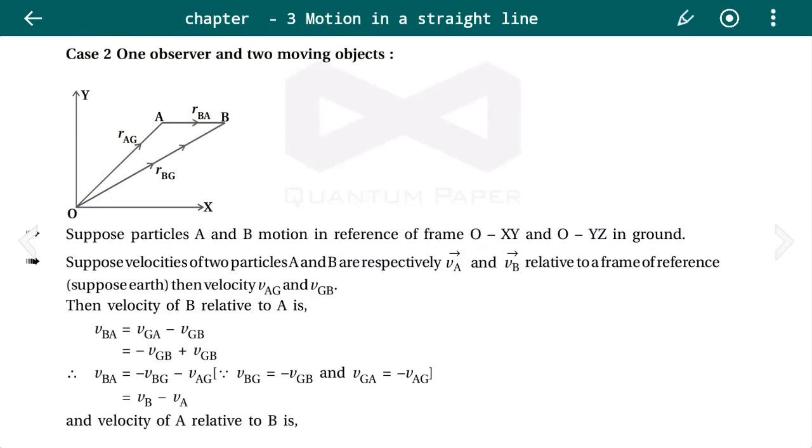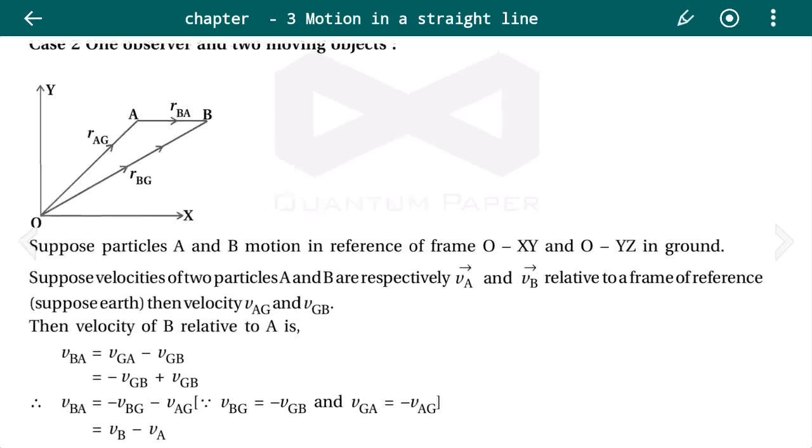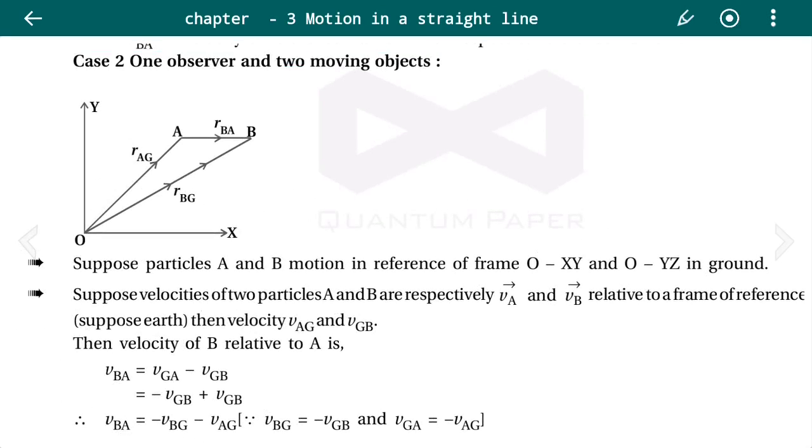So as you can see in the figure, we have taken the coordinate system x, y, and the reference point is taken as the origin. Particle A and particle B are denoted with positions with respect to the origin. So the position of A with respect to the ground or O is rAG.